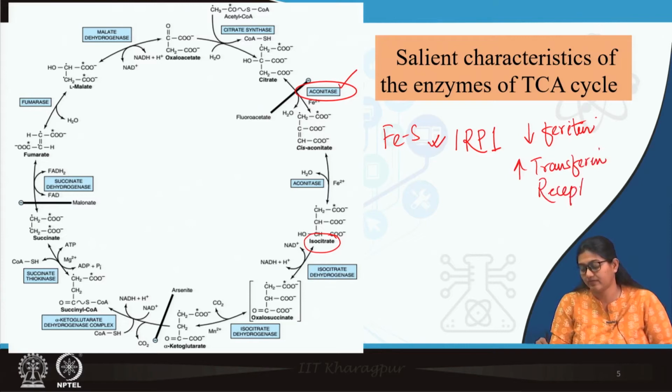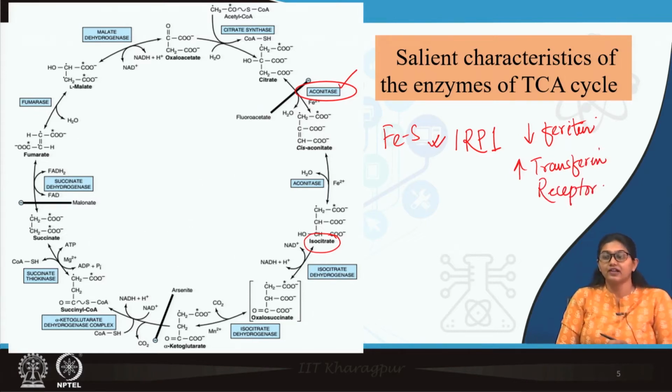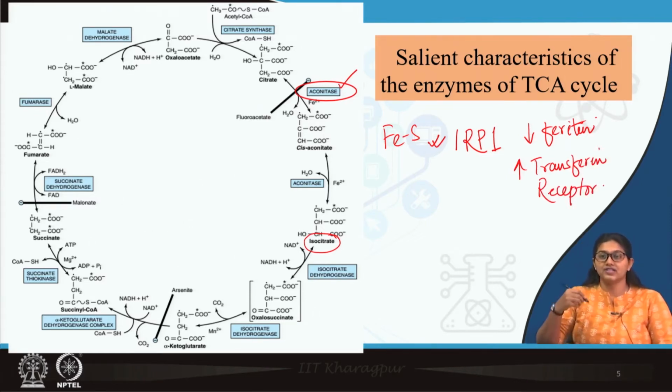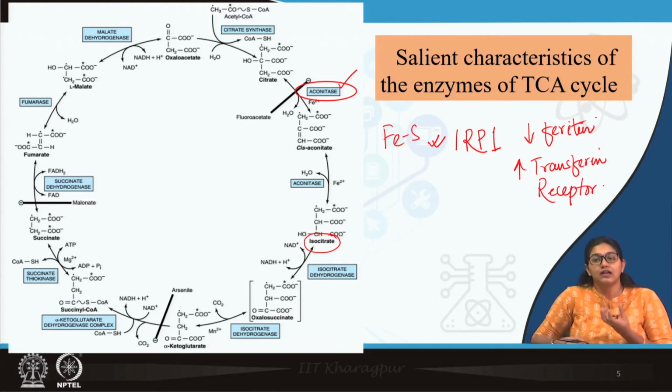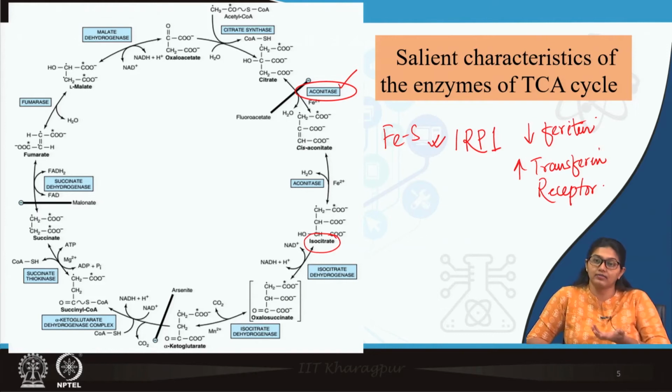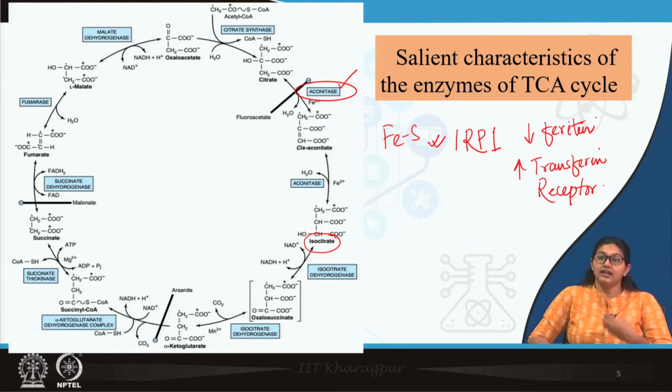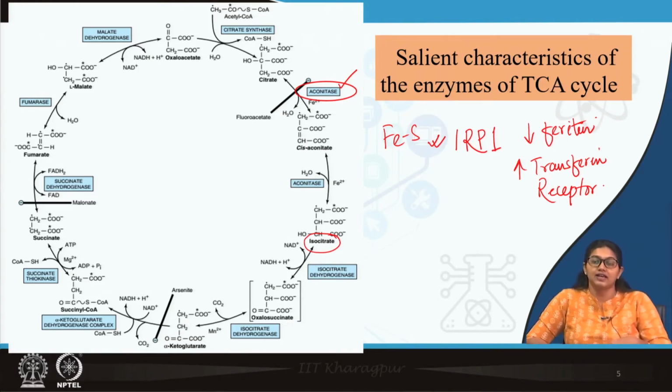What will be the effect? Due to decreased ferritin synthesis, there will be reduced storage of iron, so iron will be more available in the circulation, and because there is increased transferrin receptor synthesis, iron uptake into the cell will be increased.